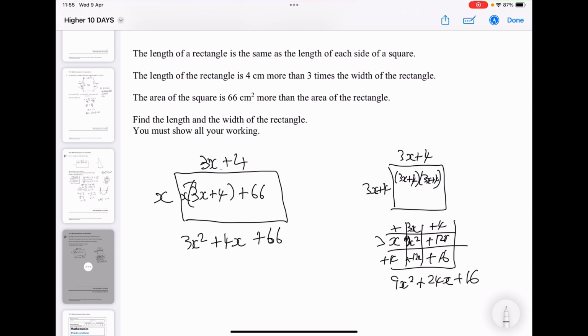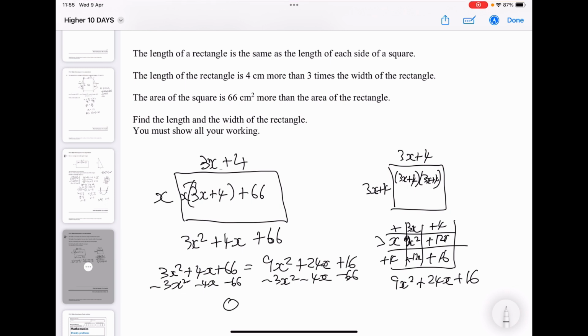So I make these two things equal. So what I get is 3x squared plus 4x plus 66 equals 9x squared plus 24x plus 16. Take the 3x squared, take the 4x and take the 66, take the 3x squared, take the 4x, take the 66.